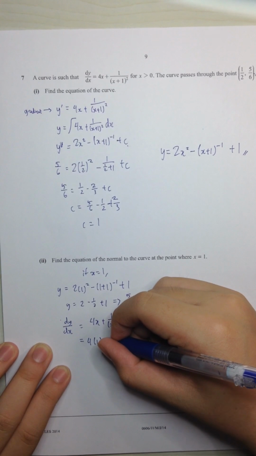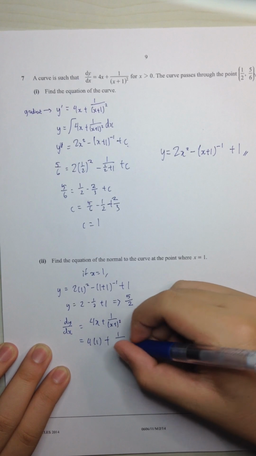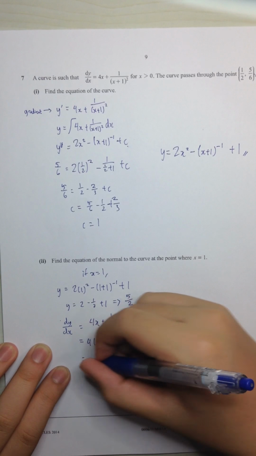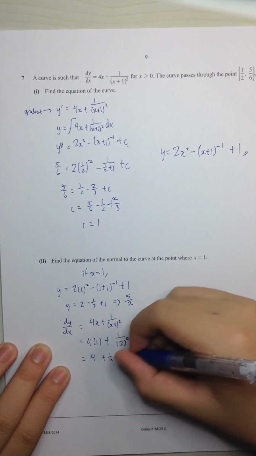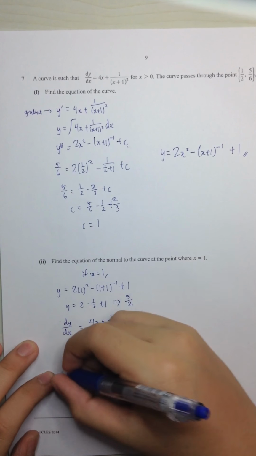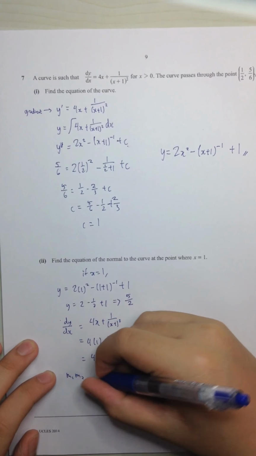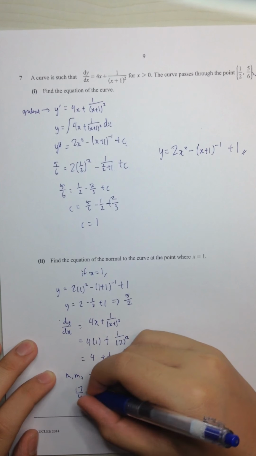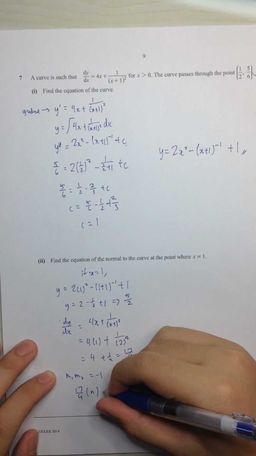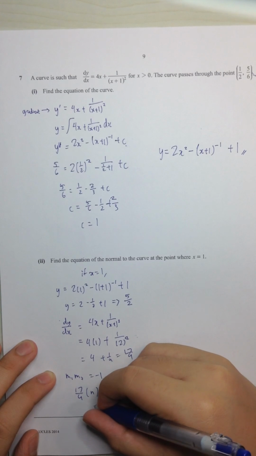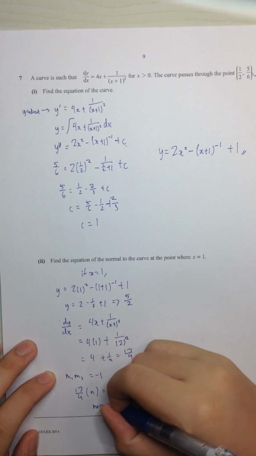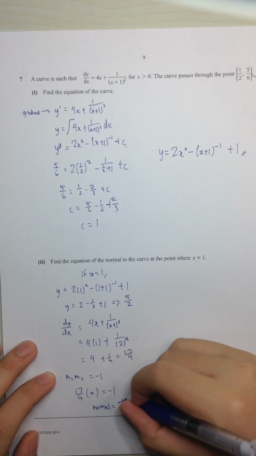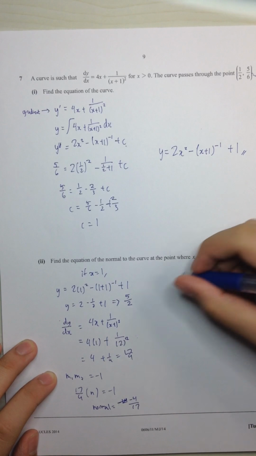So it's (4 times 1 + 1)/2², which is 4 plus 1/4, equals 17/4. The rule is m1 times m2 equals minus 1. So 17/4 times the normal gradient equals minus 1. Thus the normal gradient is equal to minus 4/17.